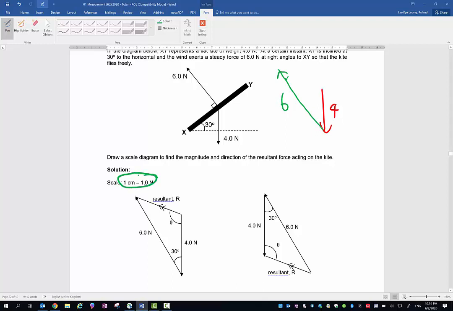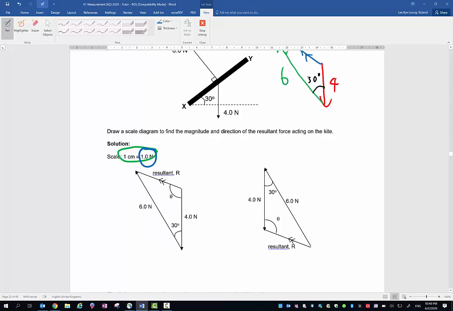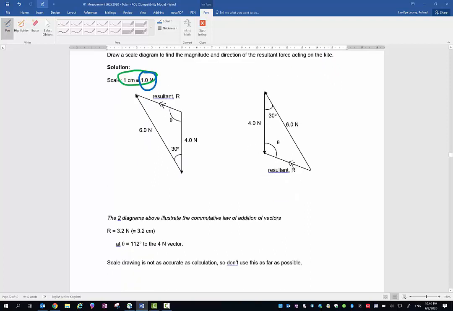So the red arrow you make 4 cm, the green arrow you make 6 cm, and use the protractor to accurately get this 30 degrees. So the answer is blue. After you draw this, the resultant will be blue because red plus green equals blue. Then you use a ruler to measure how many cm that is, and the corresponding length will correspond to the force in Newton. So that is the accurate scale diagram way of doing it.